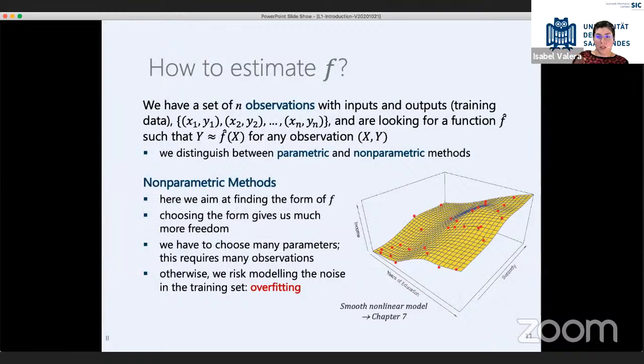While if we assume a non-parametric method, in general, you can consider that you might have an infinite number of parameters or a very high number of parameters, where, for example, you can think of a linear model combined with any kind of polynomial model, and you can go to any order and see what is the best fit of the data.